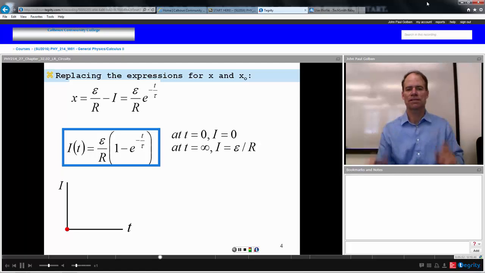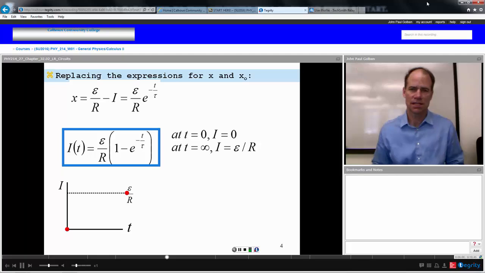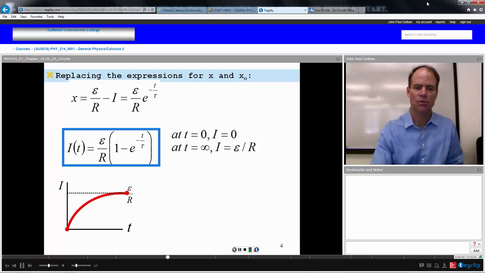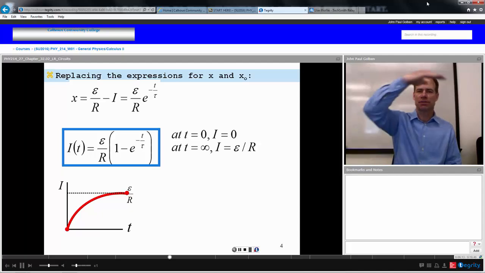And in the parentheses, I would have 1 minus 0, which is 1. Hence, my current would approach its maximum value, the voltage divided by the resistance. Good. So the current's going to start at 0 and eventually reach its maximum value. Along the way, it's going to be this 1 minus exponential type curve going up.